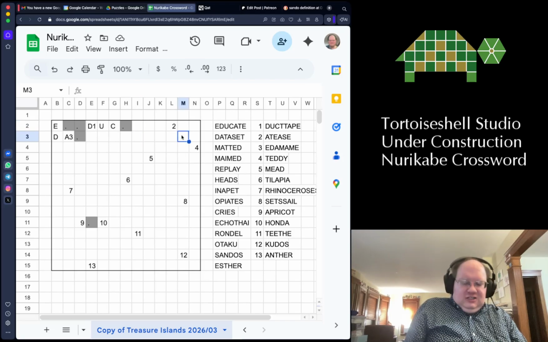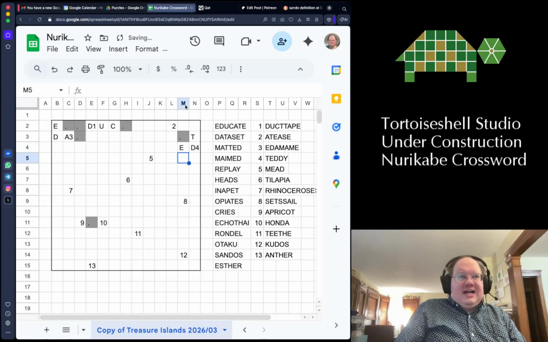Now, let's see. Over here, this needs to be, all right. So ATE goes over here for at ease. We have a T for duct tape. We have the ASE for at ease. The T for Teddy needs to go here, which means that we need that and that and that to get out.